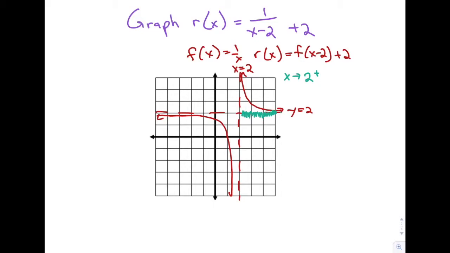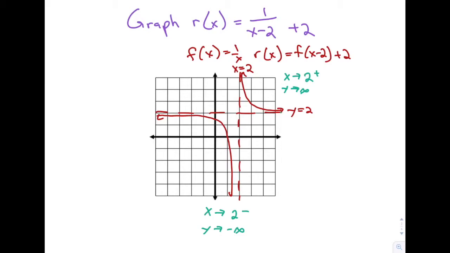We didn't quite get there, but we got really close. So as x approaches 2 from the positive side, y goes to infinity. And if we were to look down on the other side of that asymptote line x equals 2, we might say that as x approaches 2 from the negative side, y goes to negative infinity. This is called arrow notation. So this helps us define that x equals 2 is a vertical asymptote.